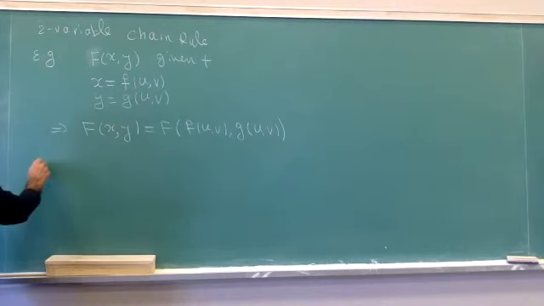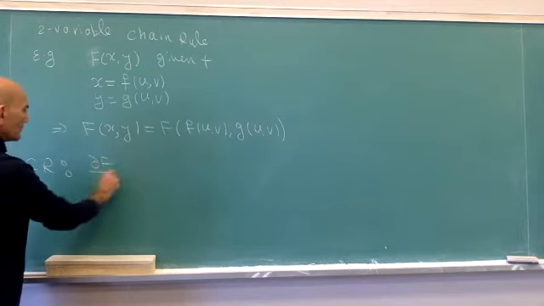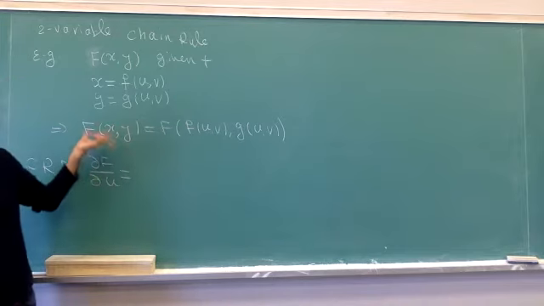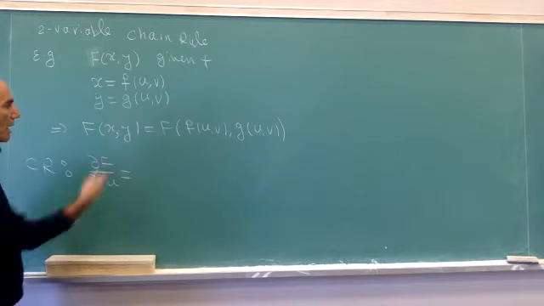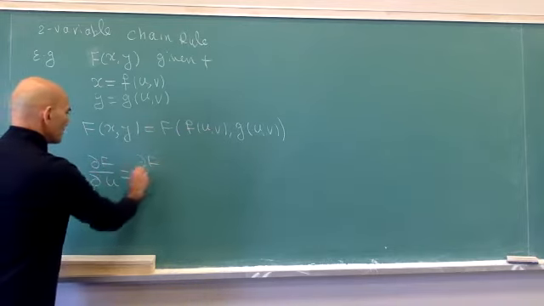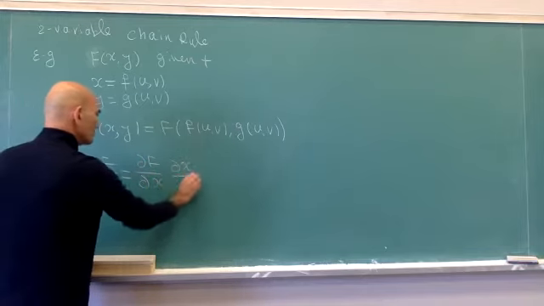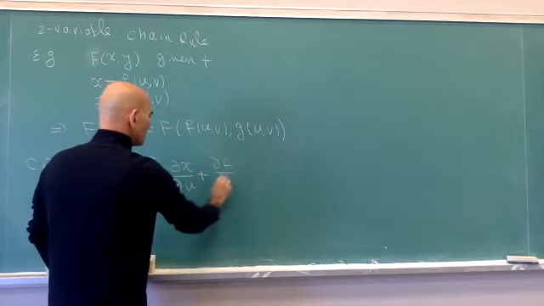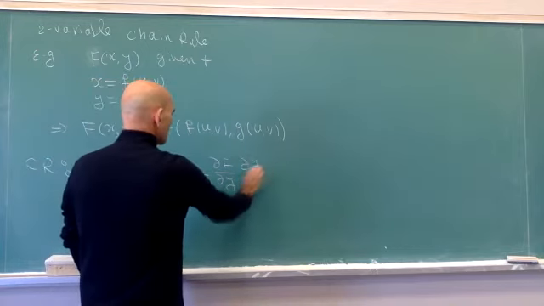So chain rule in this case is the following. It says that if you want to compute partial derivative of this with respect to u, for example, because we know that after all, this is a function of u and v now. So imagine you want to take partial derivative with respect to u. It just says compute partial derivative with respect to x, and then partial of x with respect to u, plus partial of f with respect to y, and then partial of y with respect to u.